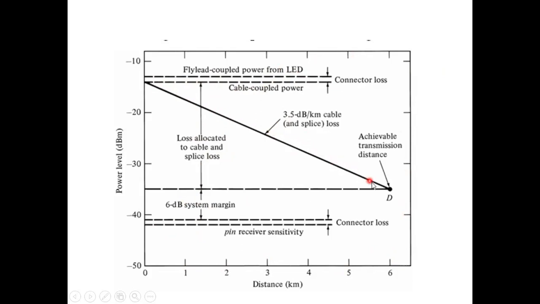With transmission distance, your losses are increasing, but with that loss I should have a system margin of 6 dB. So that 6 dB is present over here. Receiver sensitivity is here, PS is here, cable loss, connector loss 1 dB over here, connector loss 1 dB over here.